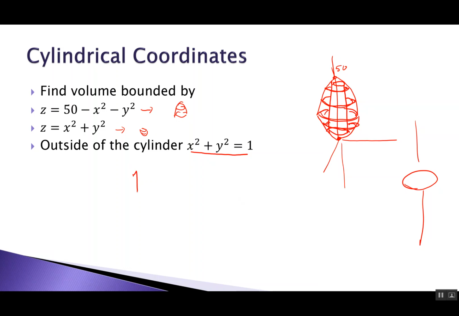It's a volume, so I'm going to integrate 1. All right, and in the z direction, z is measured just exactly like z would be measured. So it goes from the bottom of this, which was x squared plus y squared, up to the top. But I can't use x squared and y squared because I'm in cylindrical coordinates. So let's see what we can do to change this. We know that x is r cosine theta.